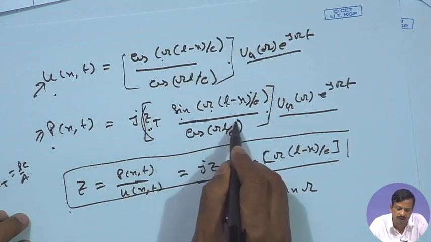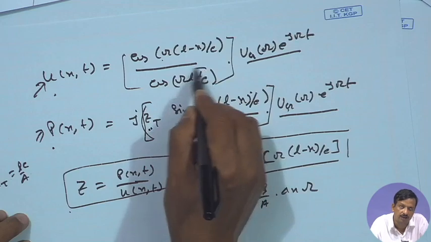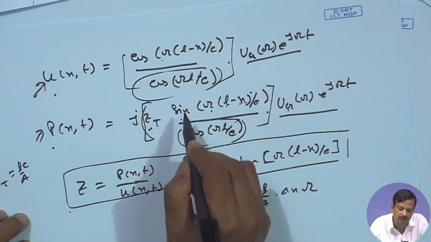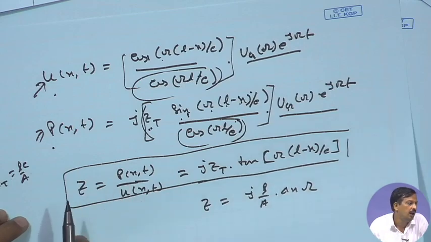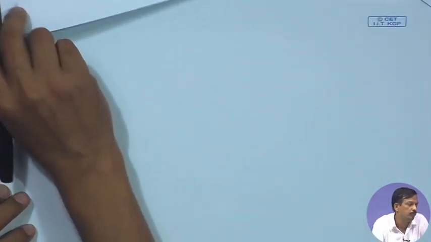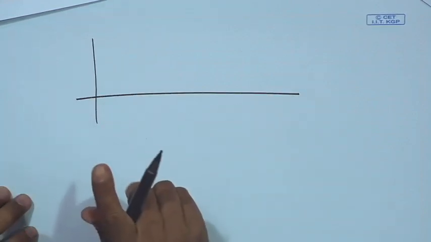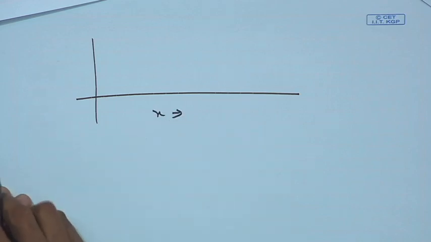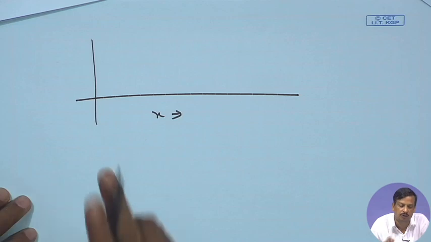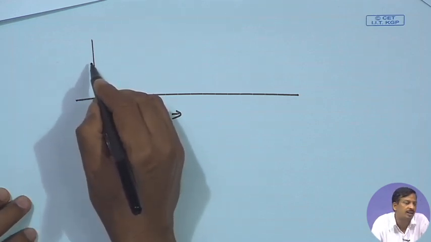Now, if L is constant, this portion is constant. So one is sine, another is cos. If I want to see how the pressure wave amplitude and the volume velocity amplitude vary inside the tube, I draw only the envelope portion along the x axis. One is sine, another is cos.